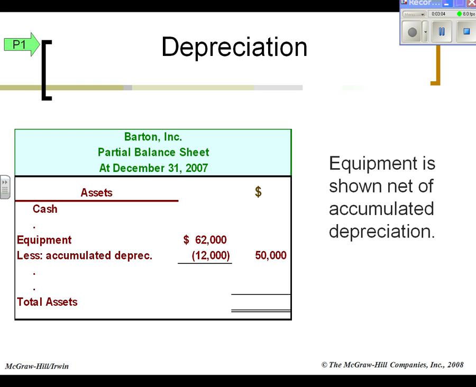The book value is 50,000, and so this company has future years in generating revenue with this one piece of equipment. All right, so that's why we list it that way. We could have just reduced our equipment account, but then you're not providing all the information to whoever you're going to give your financial statements to.